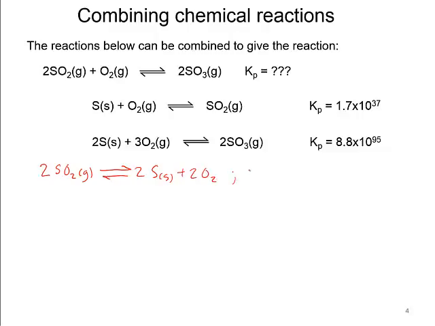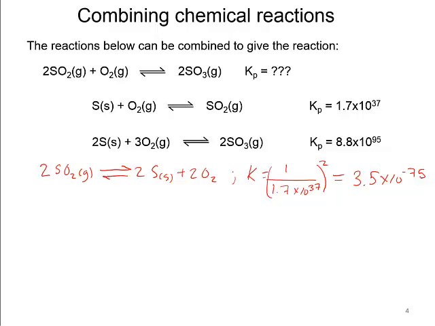Now the value of the equilibrium constant, because we flipped the reaction, will be 1 over the initial reaction's K, and because we multiplied everything by 2, it will have to be squared, and that gives 3.5 times 10 to the minus 75.